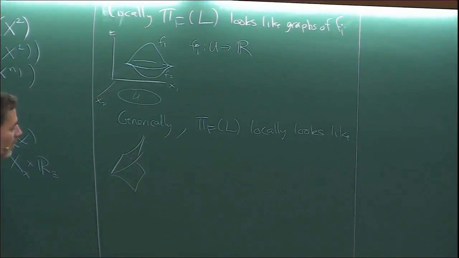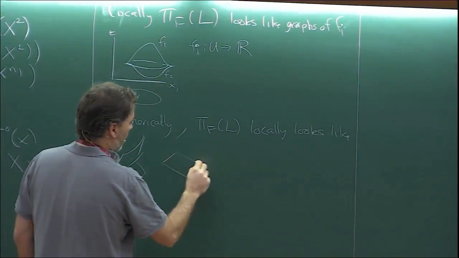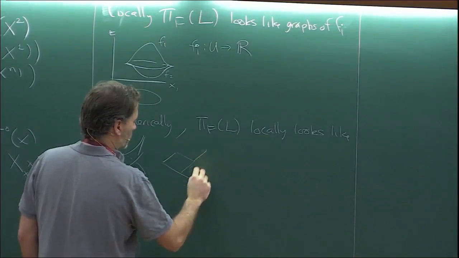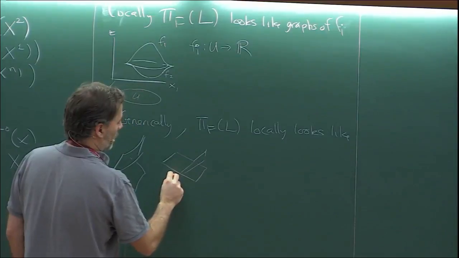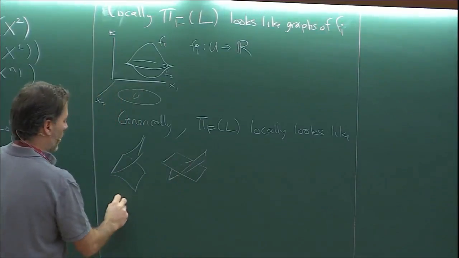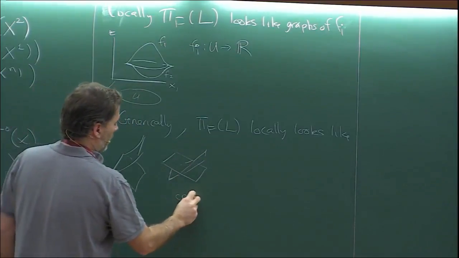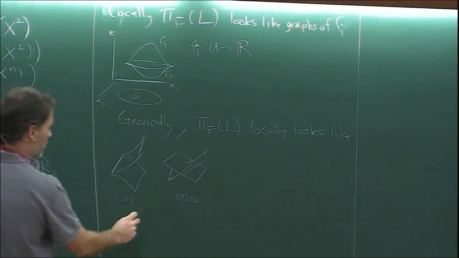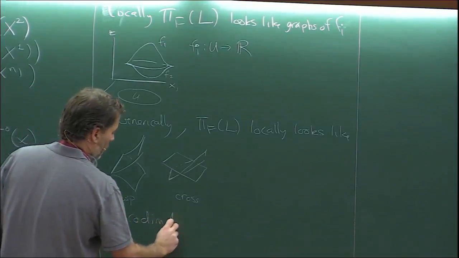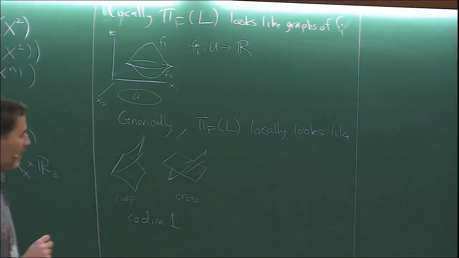You also have a couple of sheets that can cross. So cusp, crossing. These are the codimension 1 things. Then you have codimension 2.